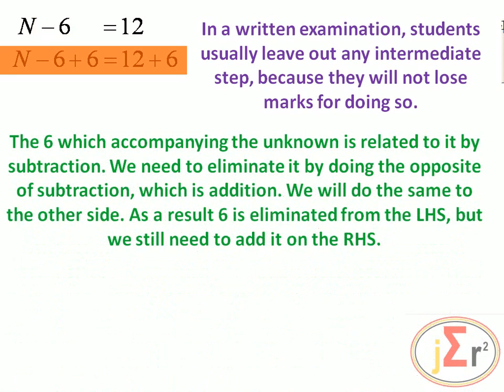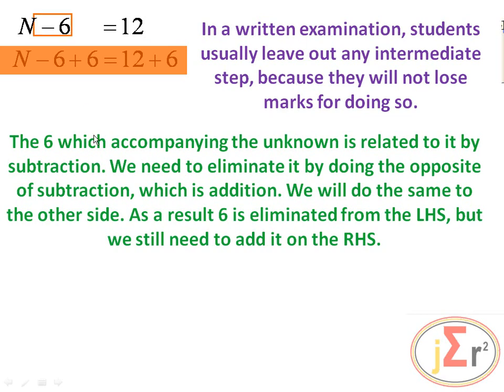The 6, which is accompanying the unknown, is related to it by subtraction. Right. We need to eliminate it by doing the opposite of subtraction, which is addition. We will do the same to the other side. As a result, 6 is eliminated from the left-hand side, but we still need to add it on the right-hand side.